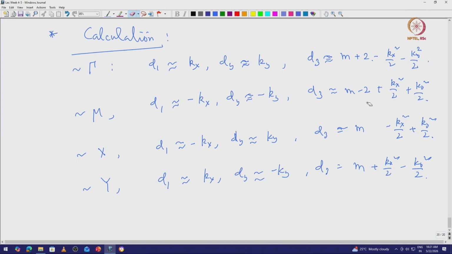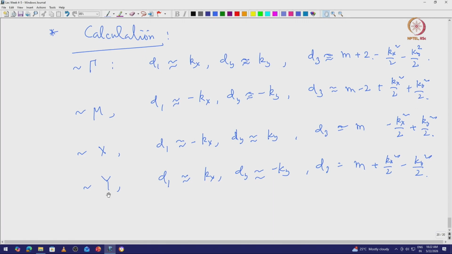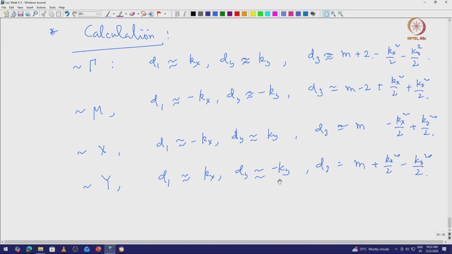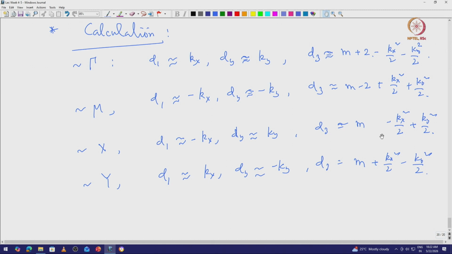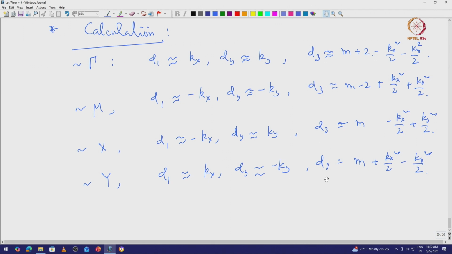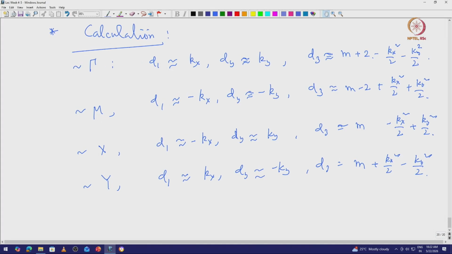So one thing that you can see is that whatever happens at the X point and Y point, they always complement each other, dx and dy at these 2 points. So any Berry curvature, anything that happens at this point will completely cancel each other. So we just have to look into what is happening between these 2 points. Okay.